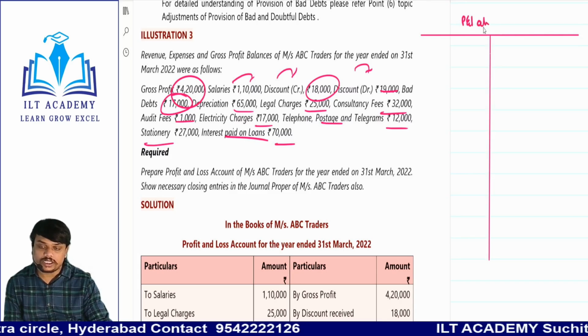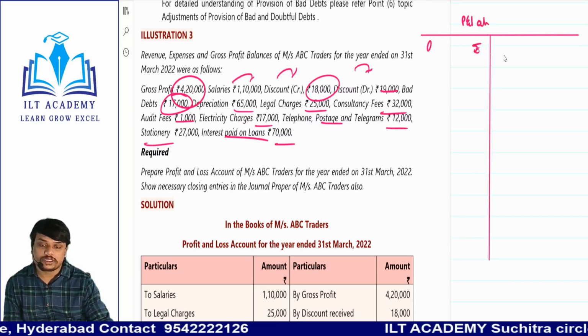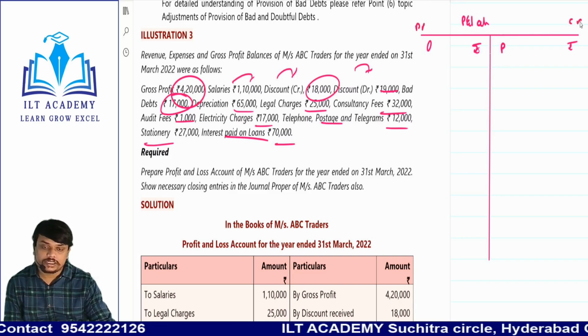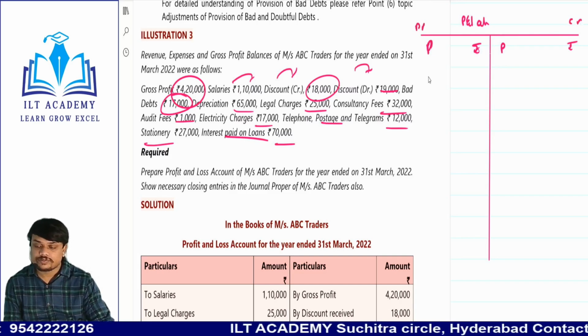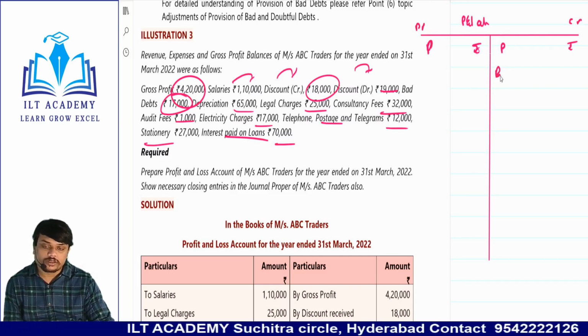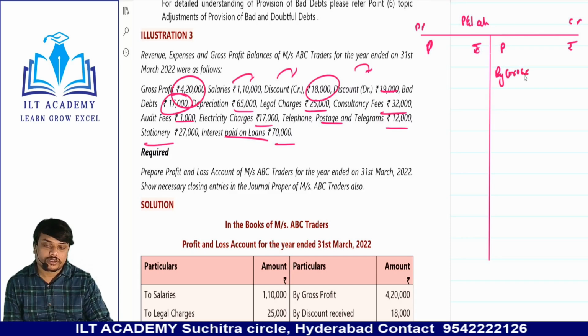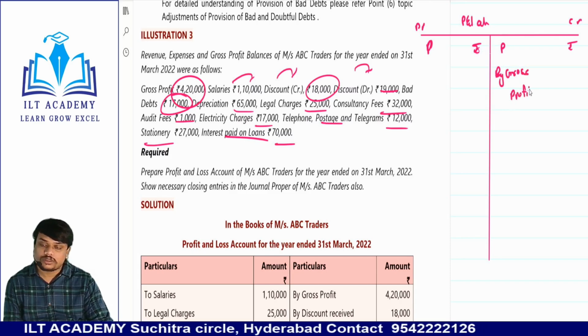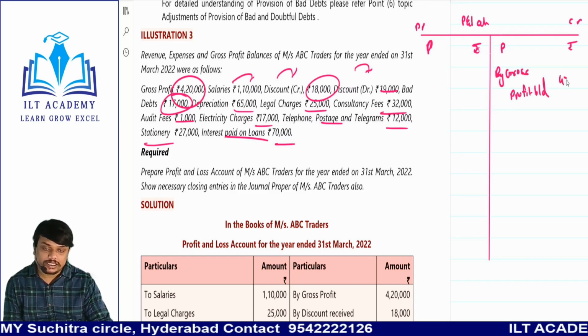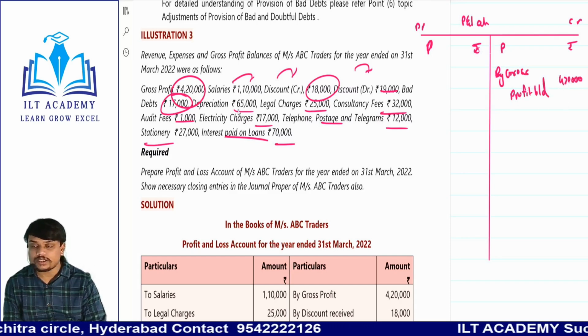Profit and loss account, particulars rupees, particulars rupees, this is the debit side and this is the credit side. Now first, what is given? Gross profit, how much? 4,20,000. And what is the expense?